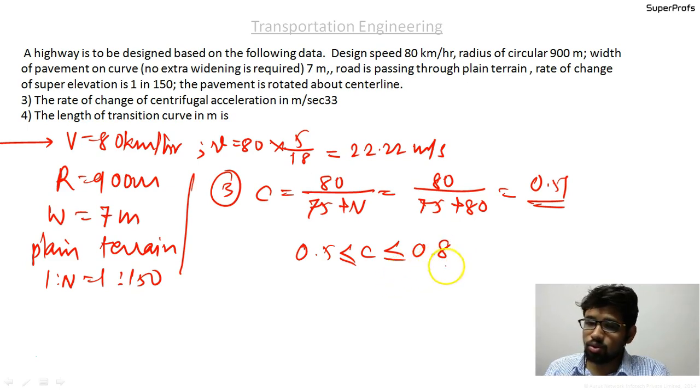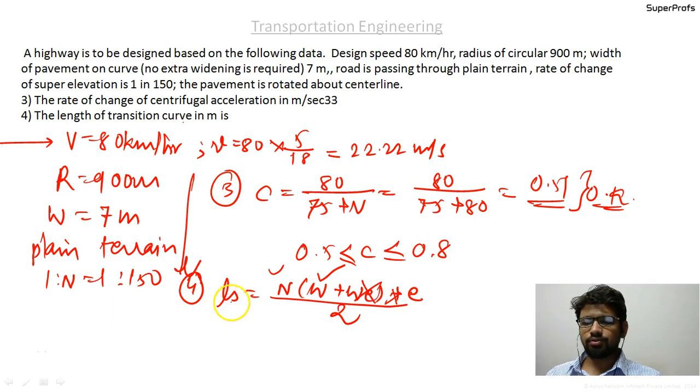So this value is okay. So the rate of change of centrifugal acceleration is 0.51 meter per second cube, and that is okay since it is between 0.5 and 0.8.